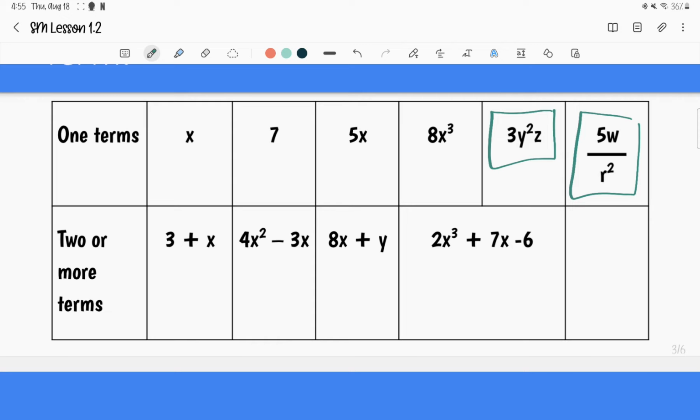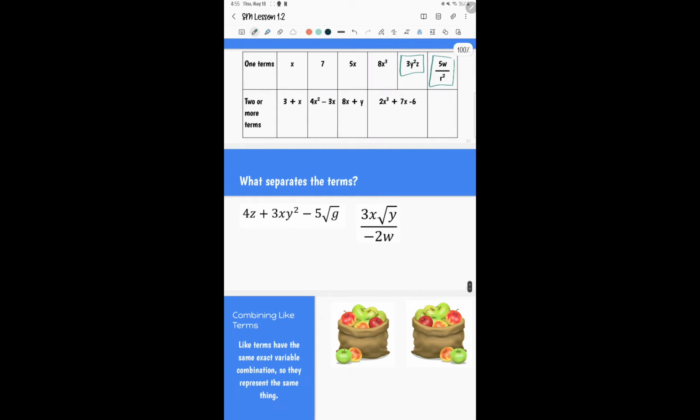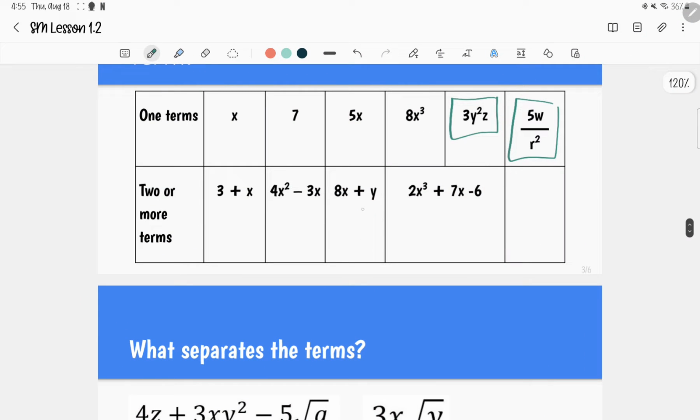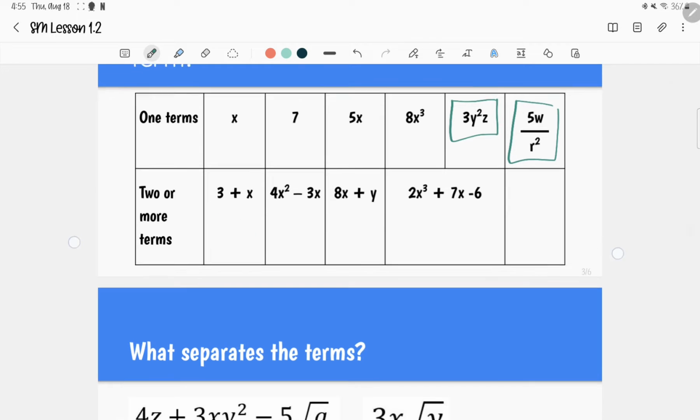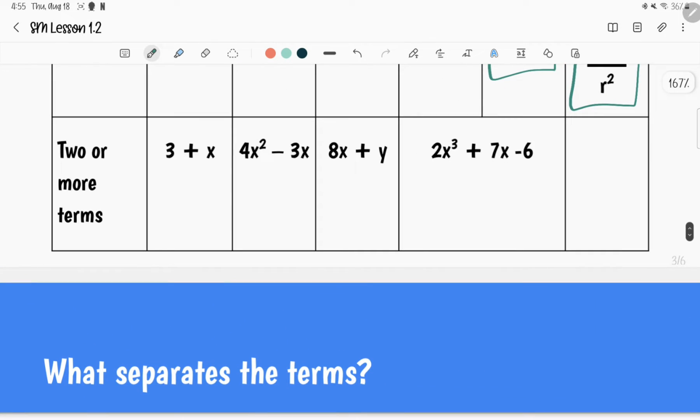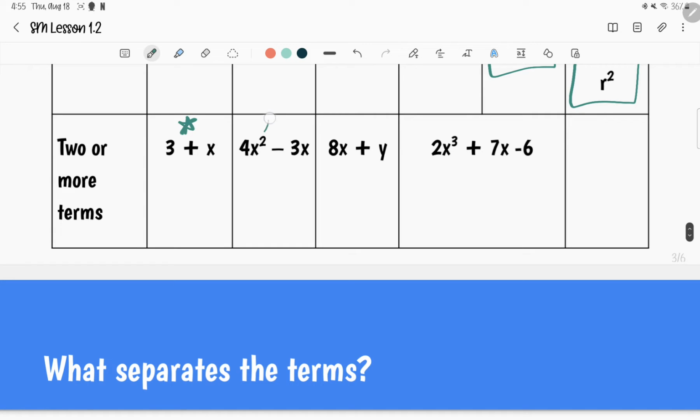These ones down here in the next row, these first three, this one, and this one, these are two-term expressions, and this last one is a three-term expression. And they could be even higher than that. You could have ones with as much as 10, 12 different terms, really. I mean, it's pretty much infinite.